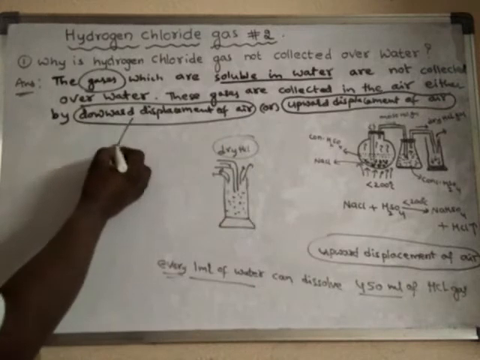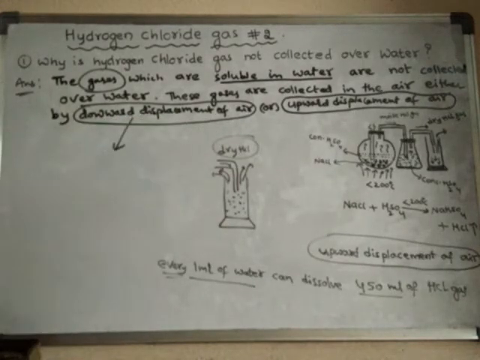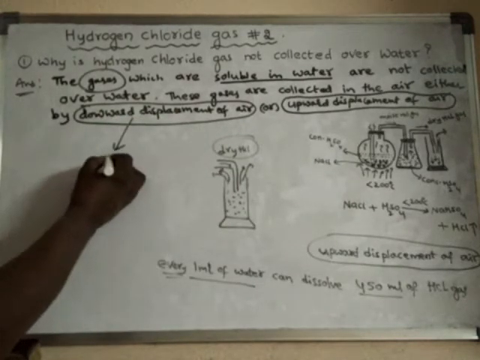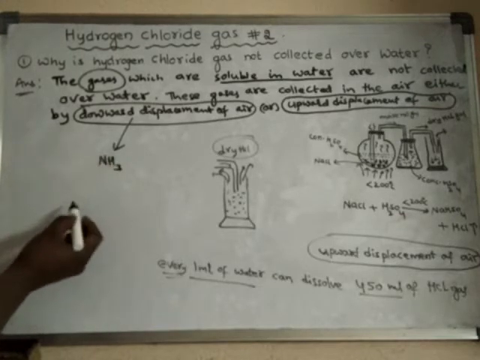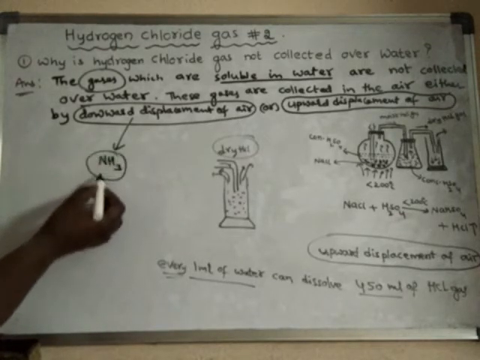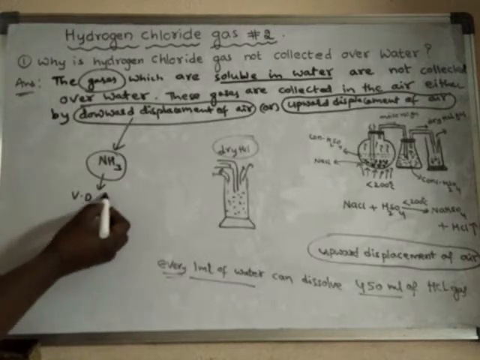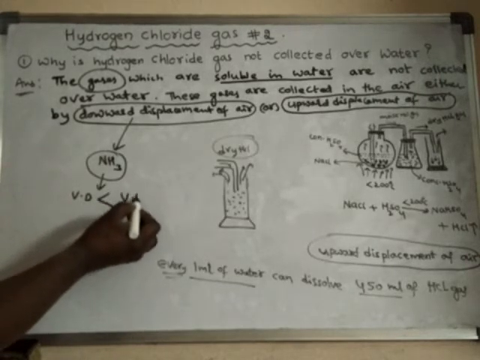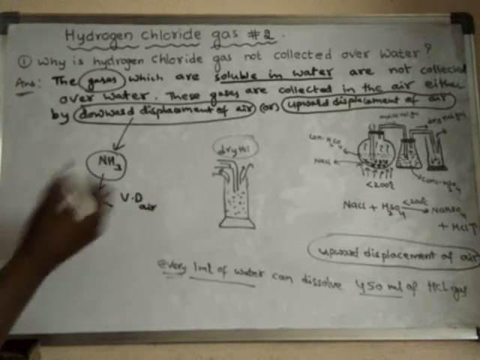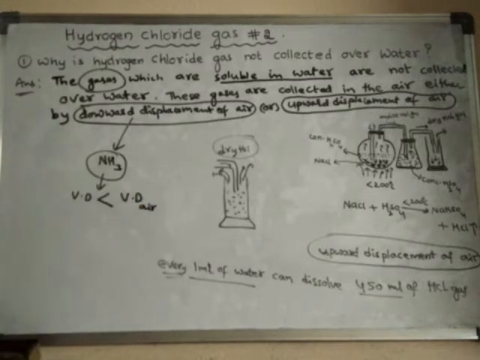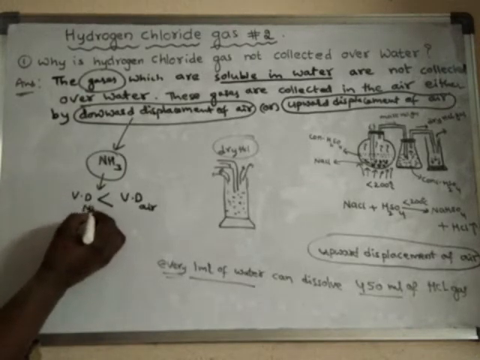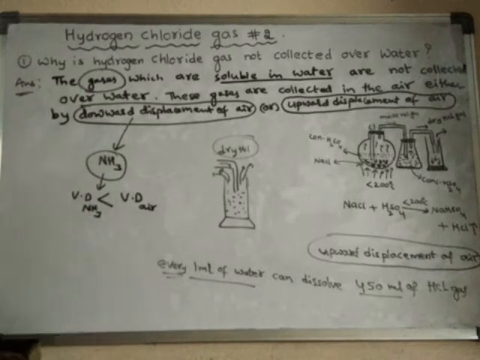An example of a gas collected by downward displacement of air is ammonia, whose vapor density is less than the vapor density of air. If a gas's vapor density is less than the vapor density of air, then such a gas can be collected by downward displacement of air.